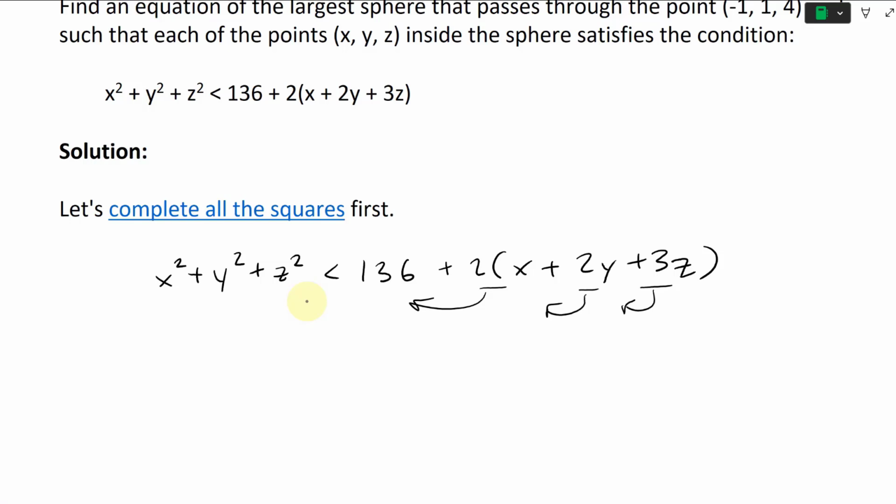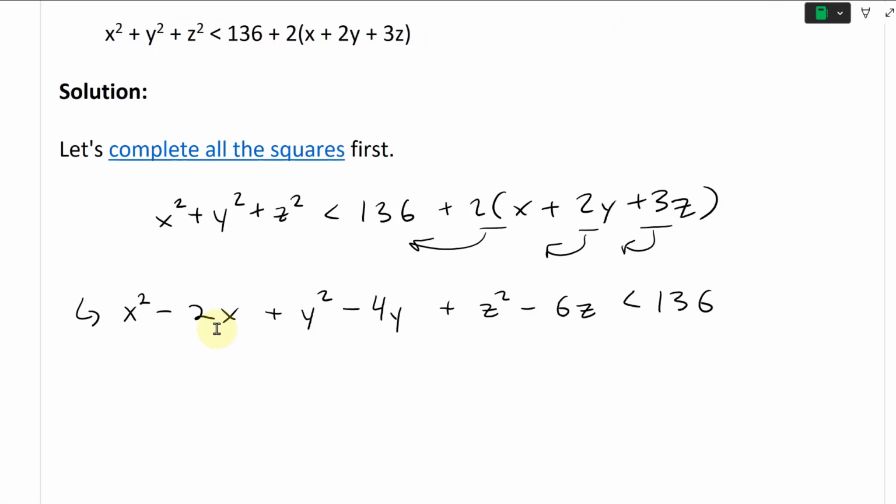So what we have is x squared minus 2x, plus y squared minus 4y, plus z squared minus 6z, and this is going to be less than 136. Like that.